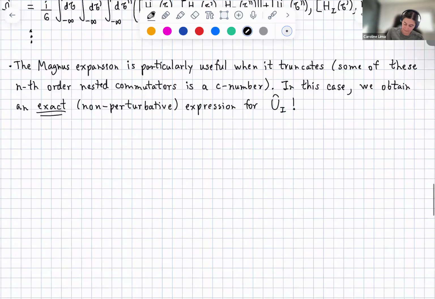Now, there are some situations in which this happens. So in particular, this is going to be the case for gapless detectors.